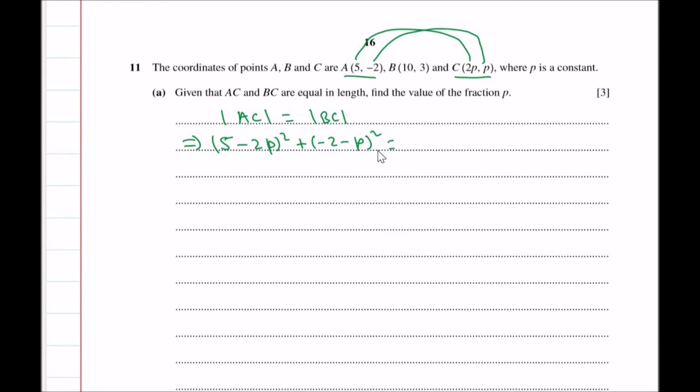That is equal to, same way we will do for BC. So we get (10 minus 2p) whole square plus (3 minus p) whole square.